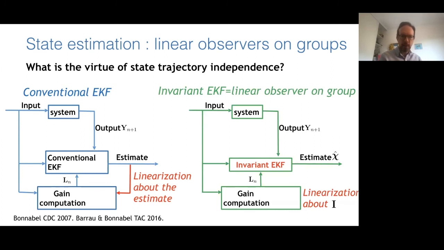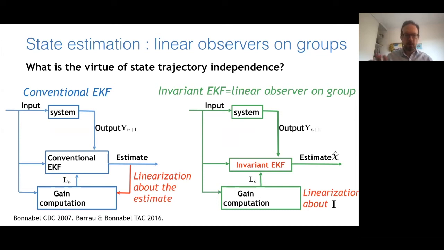What we call the invariant EKF is a linear observer on group, so it bears the same structure as the observer I have shown, and to tune the gain L, the L function, we linearize the error system about the identity, assuming that the error is small, and then we compute the gain using this linearized system, and we correct the estimate using this gain.